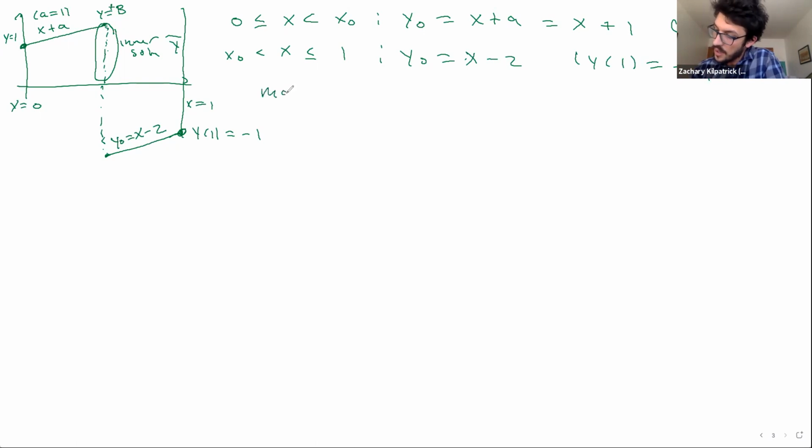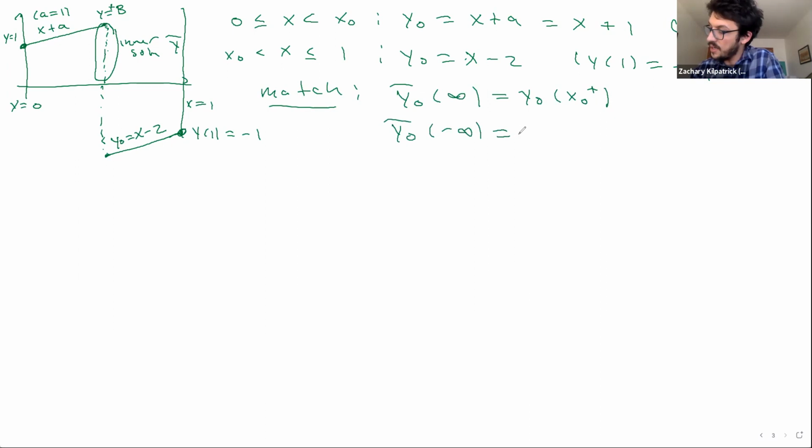okay? And as I said, when we match, we end up with y0 bar at infinity needs to equal y0 of x0 plus, and y0 bar at minus infinity needs to equal y0 of x0 minus. Okay?